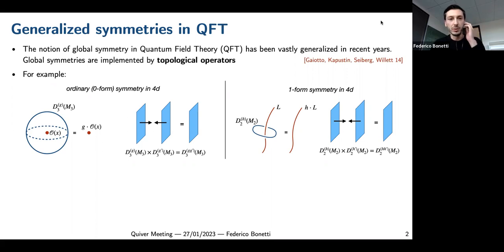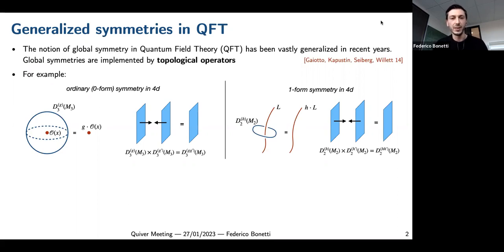So just to give you a couple of examples, if we have an ordinary global symmetry, which we can call zero-form symmetry, it acts naturally on local operators. And as is well known, it's implemented by codimension 1 topological defects.